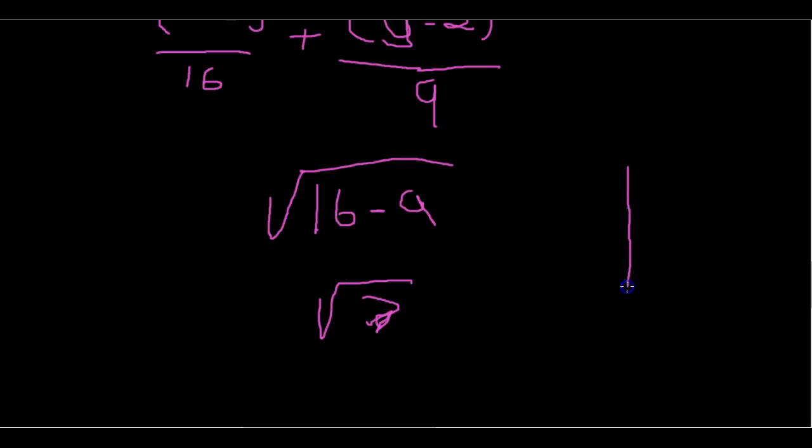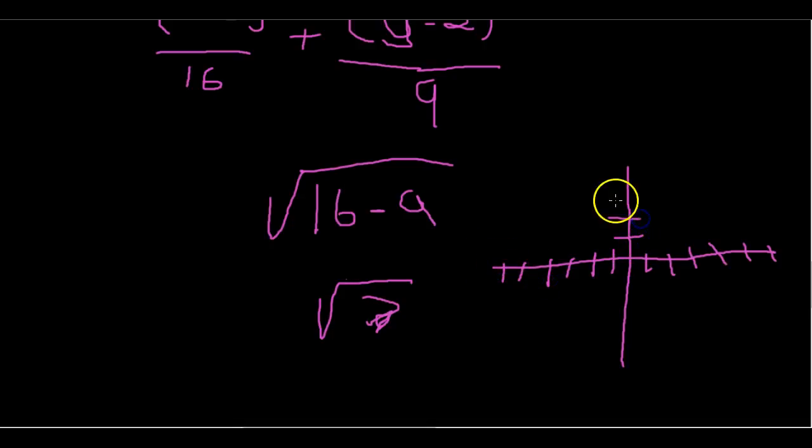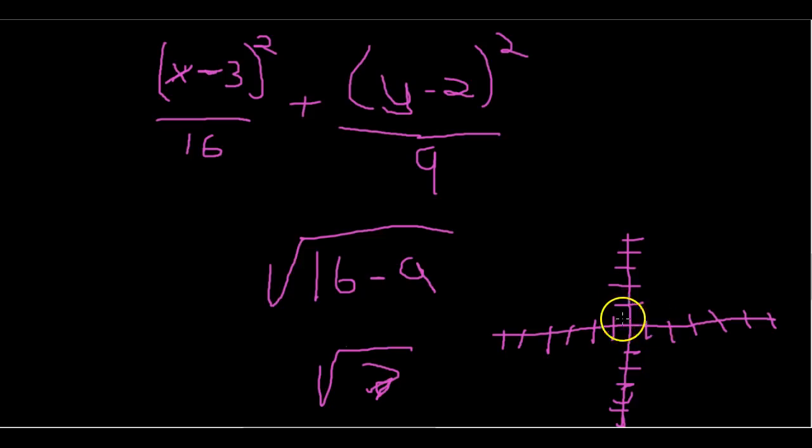I'll get a little graph going here. Okay, so we're going to go over 3, positive 3, and up 2, because we have to do the opposite of what these say.